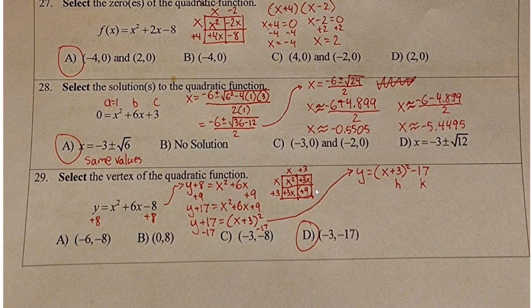Now that it's what I want it to be, all this stuff in the middle here, I call it x plus 3 squared. And I finally end by subtracting that constant, putting it back onto the right-hand side and saying, all right, well, h is opposite, k is the same, and so that's -3, -17. That's the vertex. And my friends, that is the entire practice test.